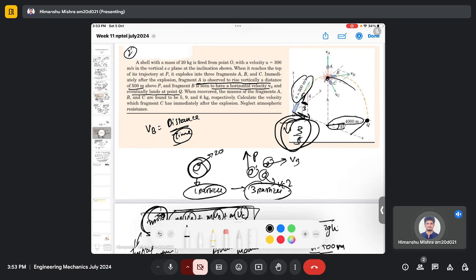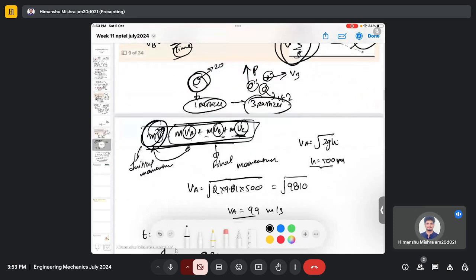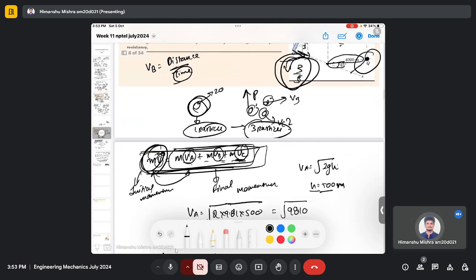We are given that fragment A is rising vertically, and fragment B lands at some position given at point Q, and we need to find the velocity of fragment C. So we use the concept of momentum conservation, where my initial momentum due to the particle of mass 20 kg is equal to my final momentum due to the 3 particles after the split, which is given by this relation here.